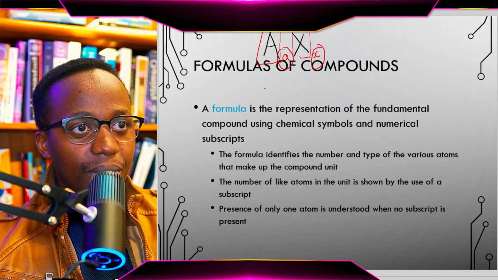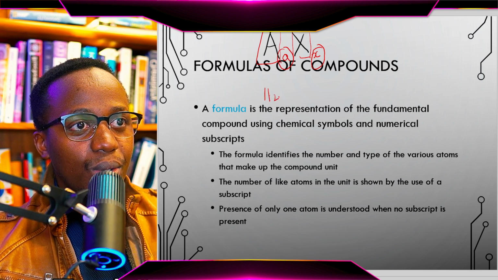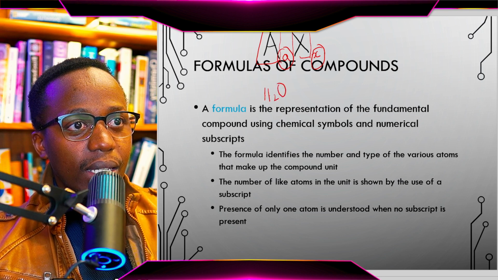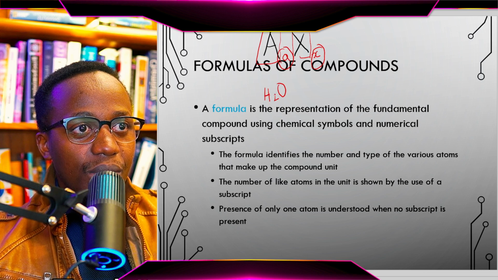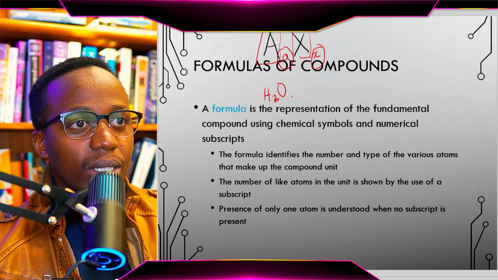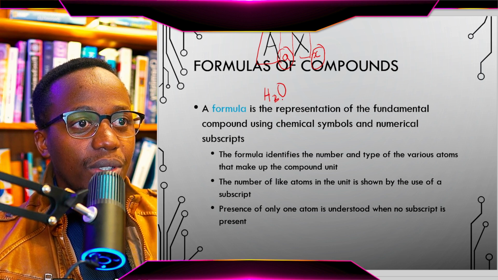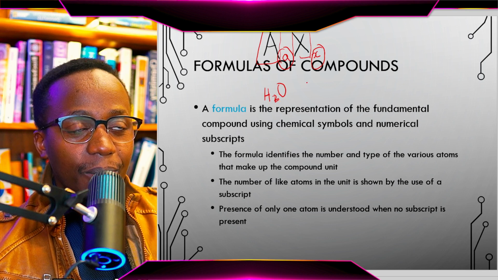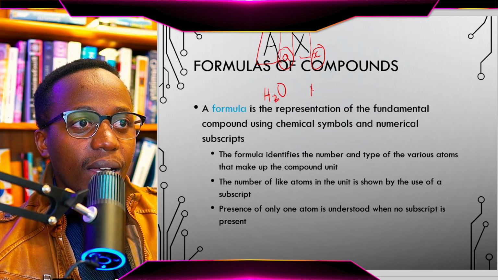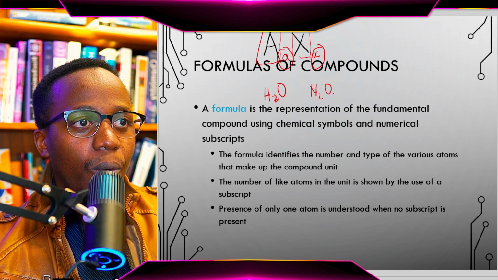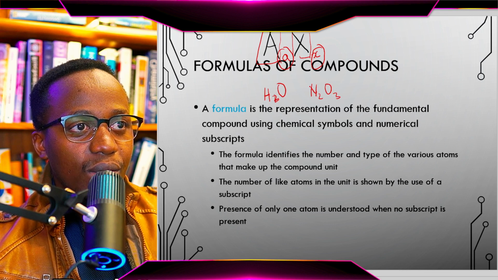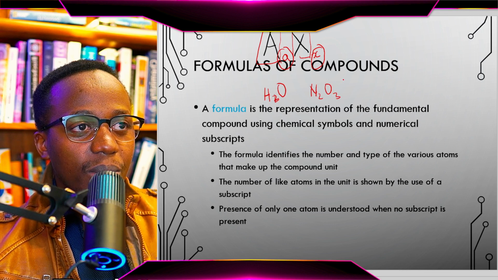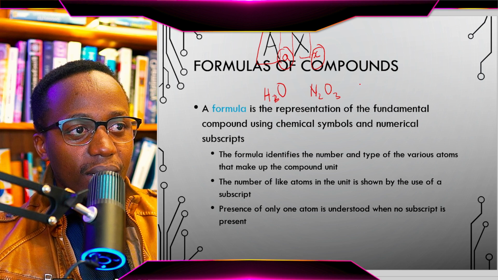So an example is H2O. Whenever you have one atom, you don't put anything. But here you have two atoms of hydrogen and one atom of oxygen. Let me give you another example. N2O3. This is two atoms of nitrogen and three atoms of oxygen combining together, right?